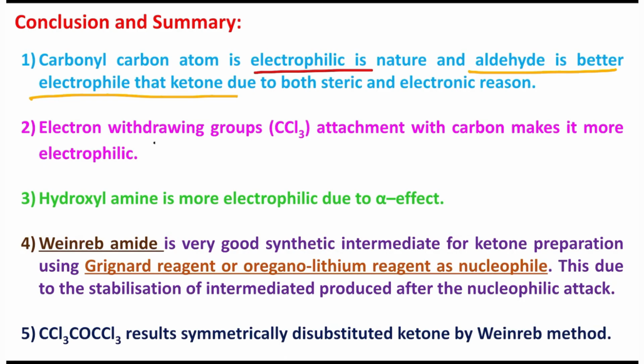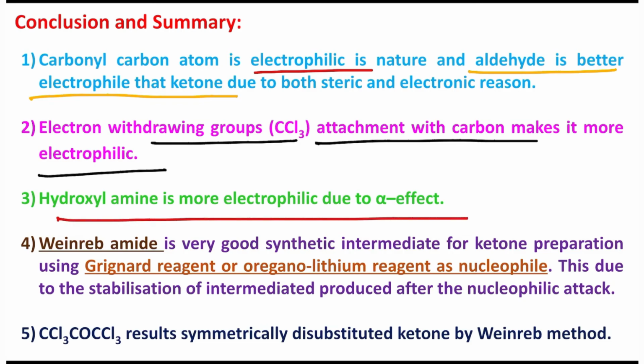Now the electron withdrawing group CCl3 attached to the carbon makes it more electrophilic. Now hydroxylamine is more, sorry, not electrophilic, it should be nucleophilic. So hydroxylamine is more nucleophilic due to the alpha effect, meaning adjacent lone pair repulsion, I mean nitrogen lone pair and oxygen lone pair repulsion.